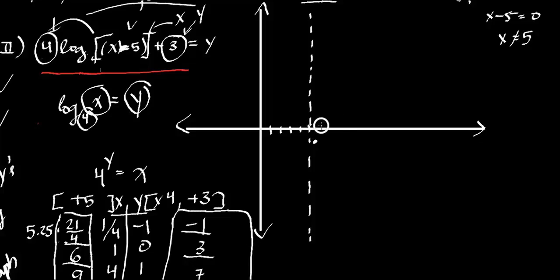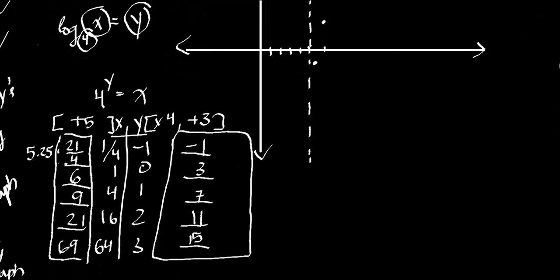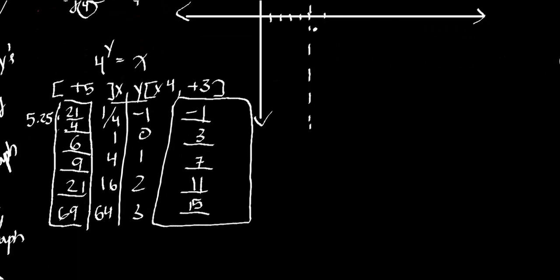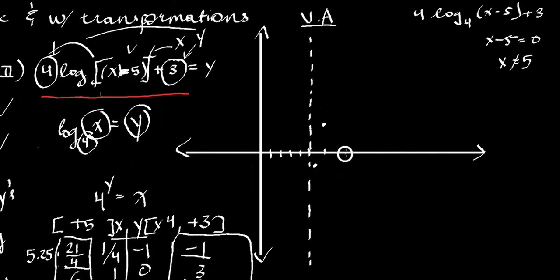Then 9, 7. So 6, 7, 8, 9. What was it? 9, 7? I am terrible. So 9.